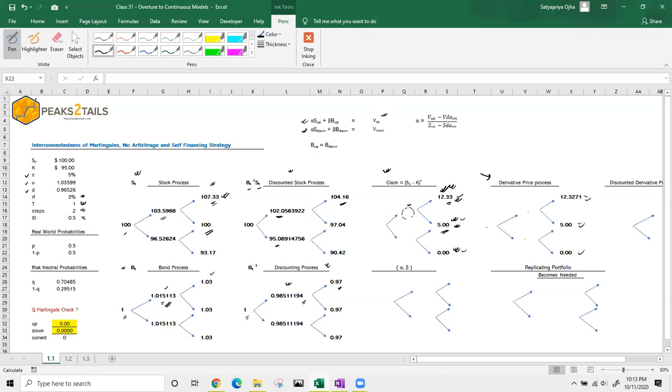Similarly, the same alpha beta combination in the down state will also match the derivative price in the down state. Okay, two equations, two unknowns. I can solve for alpha and beta. All right. By the way, the bond price in the up state and the bond price in the down state are exactly the same, because the bond price is not random. Whether the stock moves up or down, the bond price is the same.